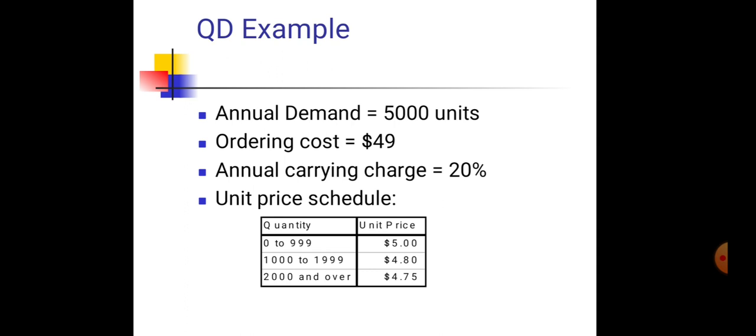From quantity 0 to 999, the unit price is $5, for quantity 1000 to 1999, it is $4.8, and above 2000 the unit price is $4.75. Higher the quantity, lower the price.